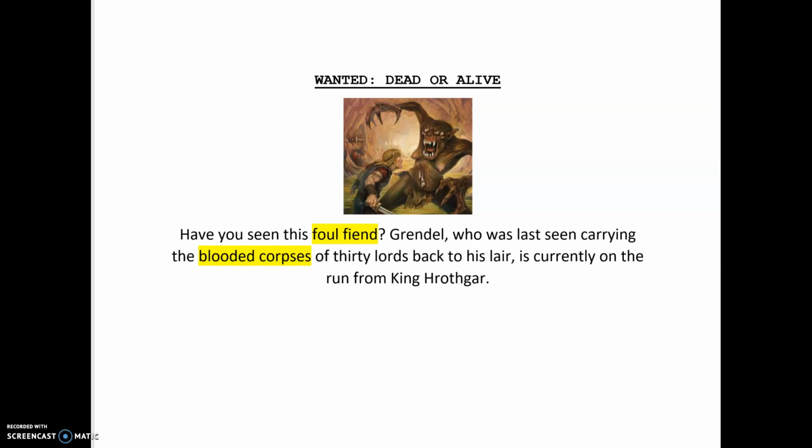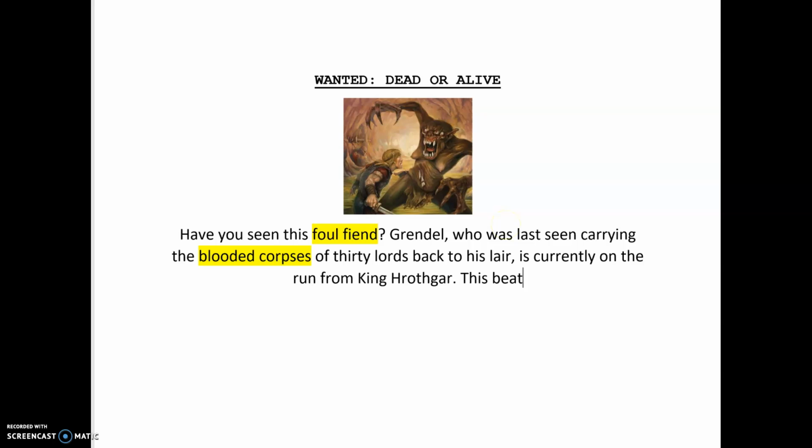Okay, so I've hooked the reader in, and I've explained who this wanted poster is about and why they're being hunted. Okay, I'm going to add almost like a bounty, a reward on top of that, because a lot of the time wanted posters come with rewards to make people more likely to report if they've seen someone.